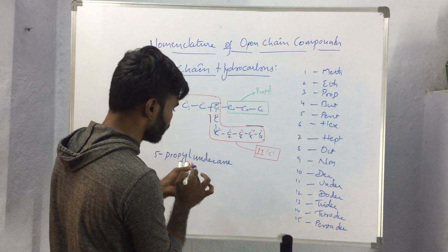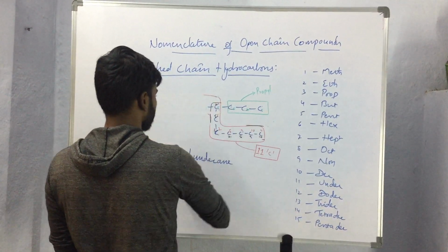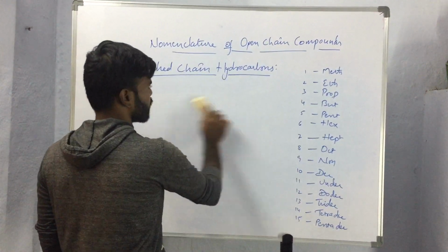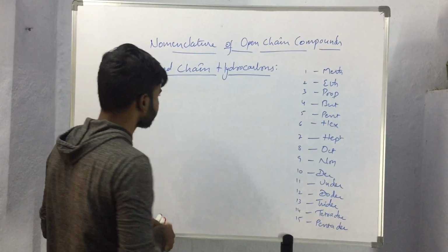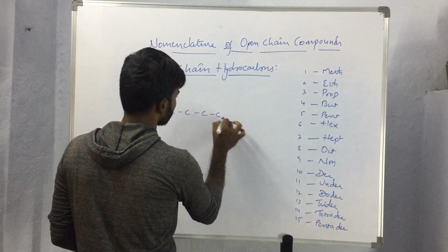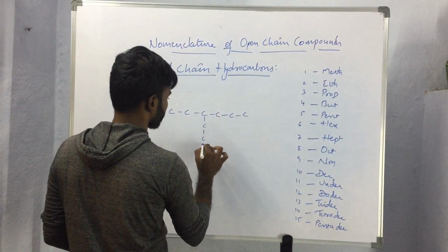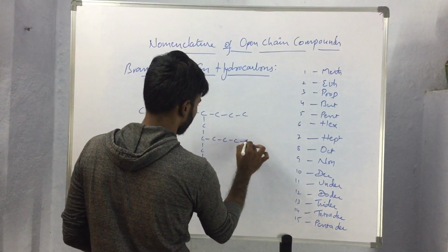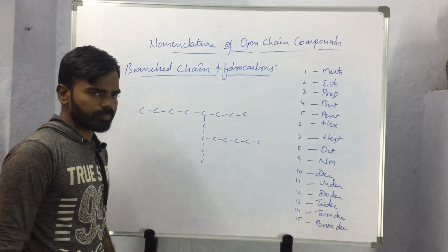So like this we will be naming the branched chain hydrocarbons. We will see another example. So let us consider this compound.